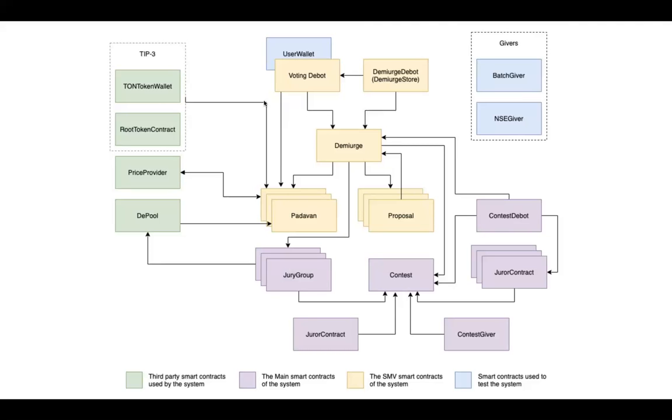Okay, so after the voting time calculation, the voting stage starts, and the jurors can vote for their submissions. But how do they vote? It was a really interesting task to make their votes hidden before the voting stage ends.